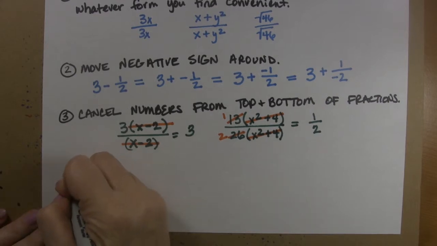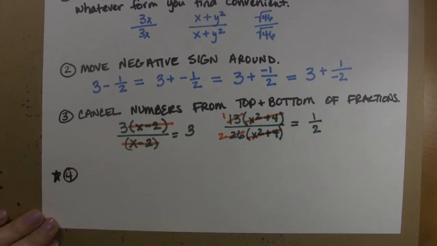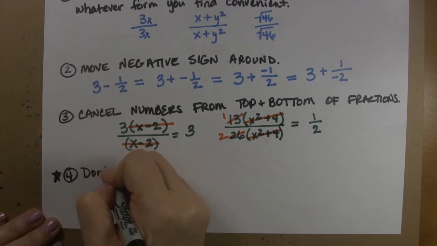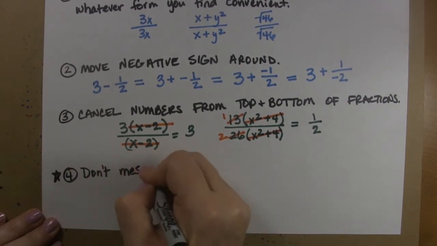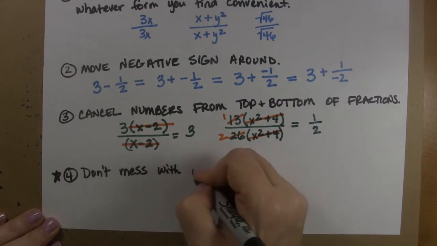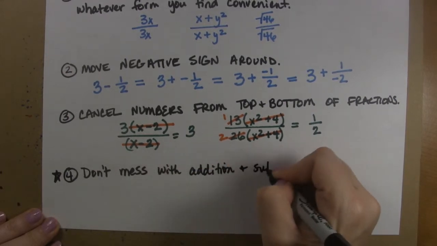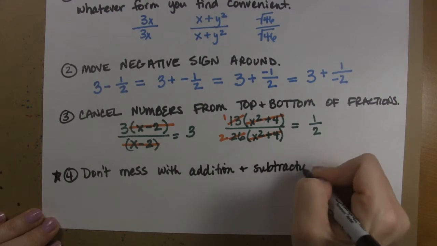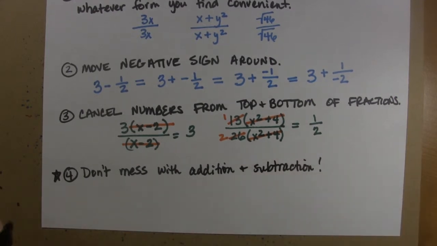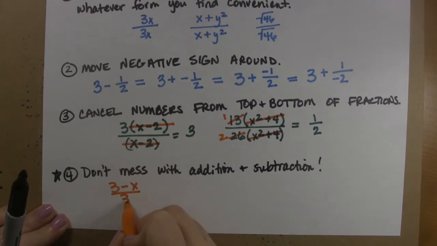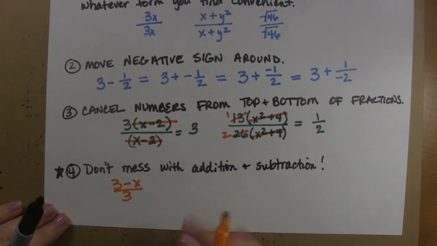Here's my caution though. Don't mess around with plain old addition and subtraction. Let me show you what I mean. Let's say that you have 3 minus x over 3. You cannot cancel out those 3's. Why?